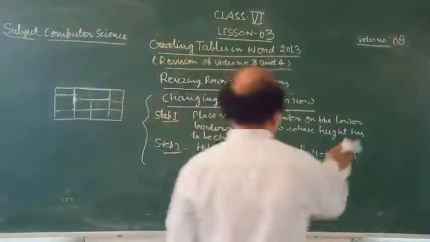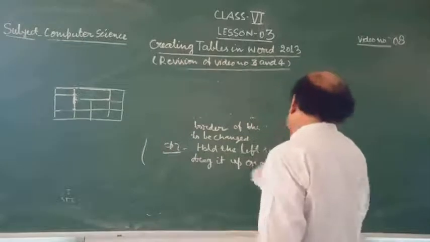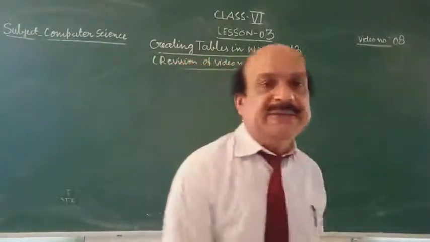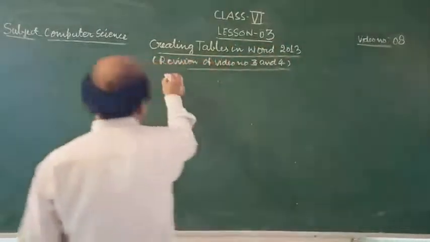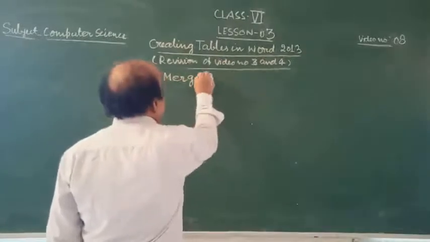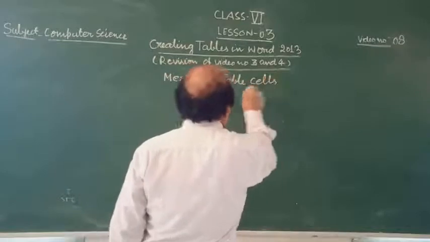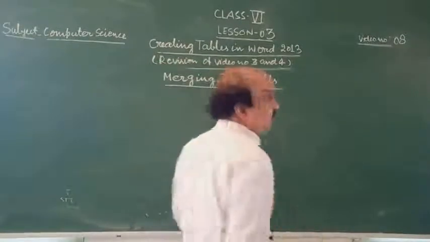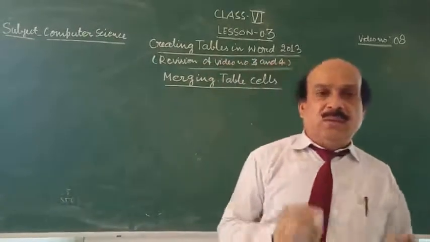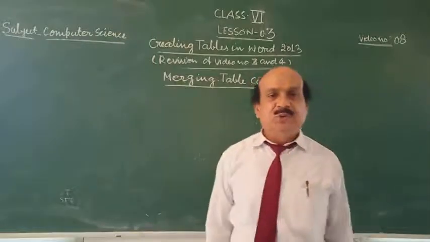Now the next topic, students, merging of cells. How we can merge the cells? Merging table cells. We are going to merge the cells of the table to show some data value in a table which is spread across two or more cells.